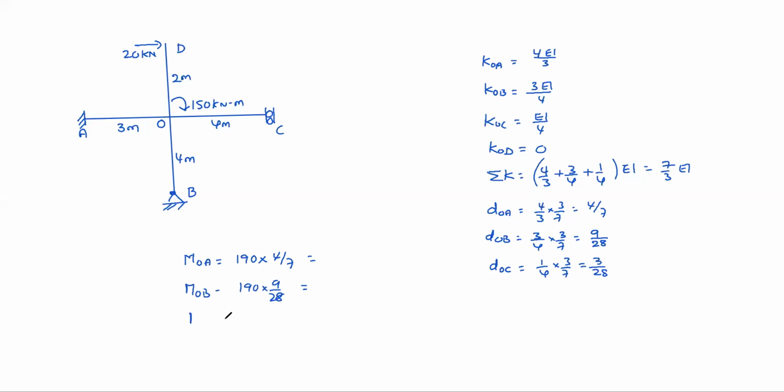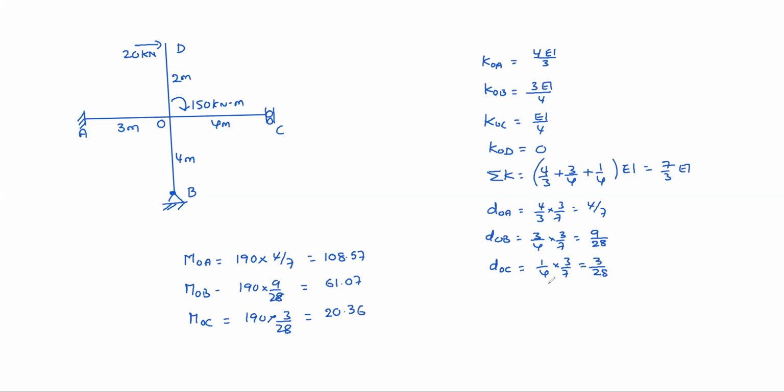Moment of OC equals 190 into 3 by 28. What are these values? 190 into 4 by 7, 108.57. Okay. Next. 61.07. Next. 20.36.